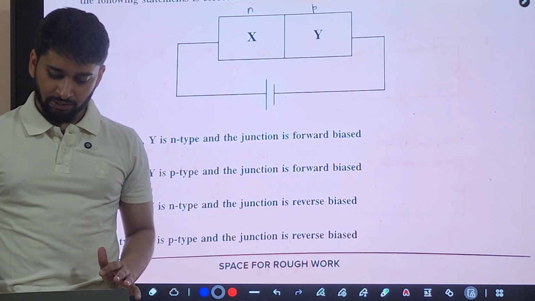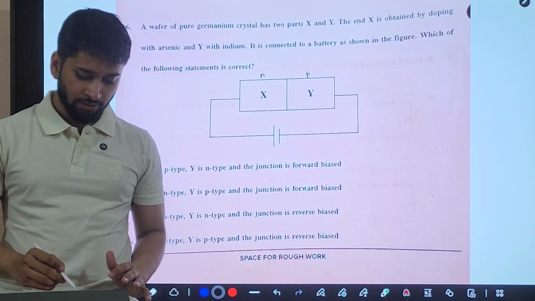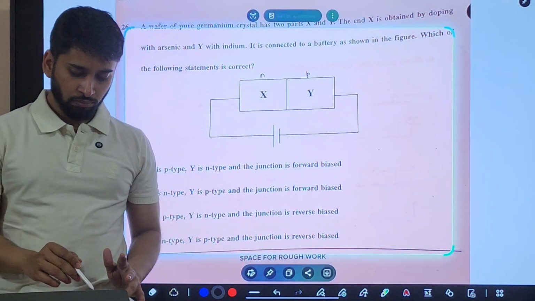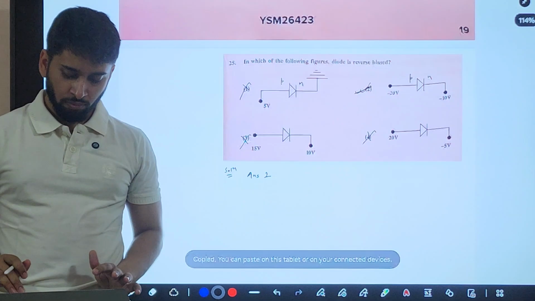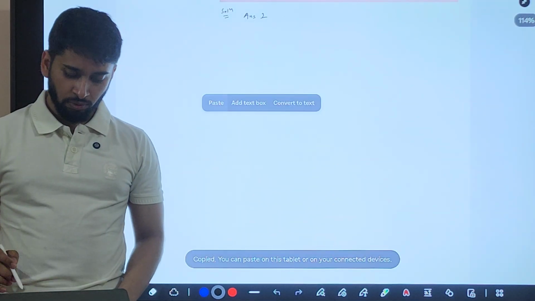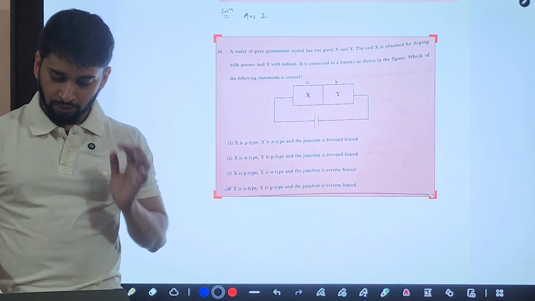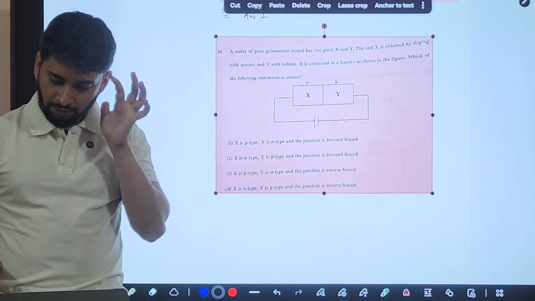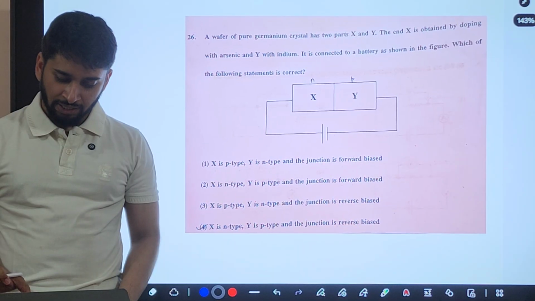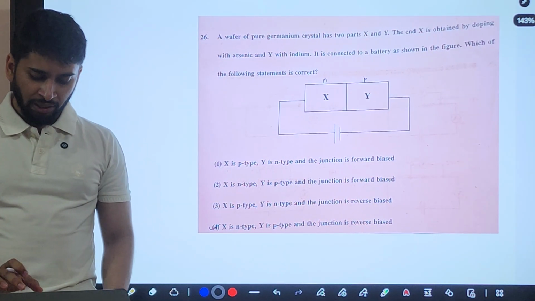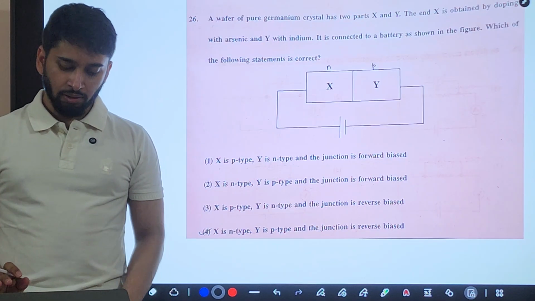Let us see 26 quickly. 26. What does it say? A wafer of pure germanium crystal has two parts, X and Y. The end X is obtained by doping arsenic and Y is indium.